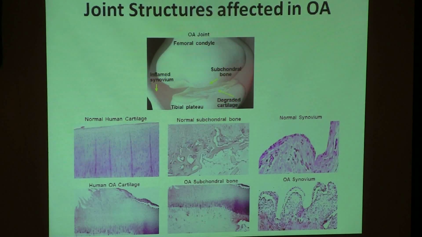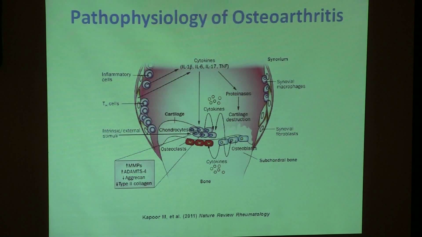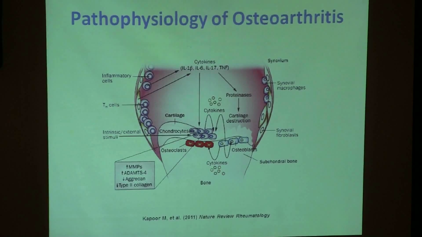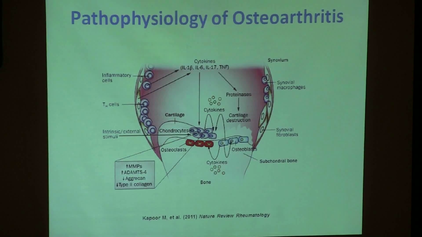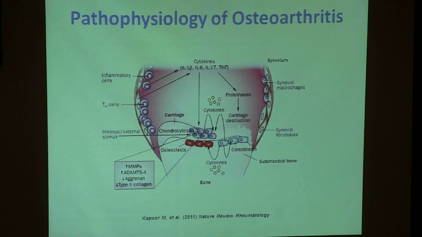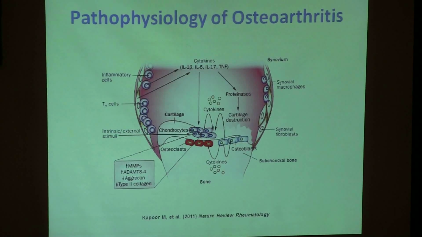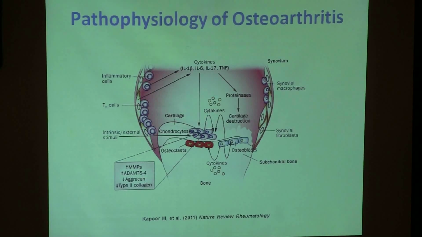Now, of course, we all know the typical joint structures which are affected comprise the articular cartilage, the subchondral bone and the synovium. Apart from these, you also have the fat pad and other surrounding joint structures which are also affected in osteoarthritis. If you look at the pathophysiology of osteoarthritis, you have the articular cartilage, the surrounding synovial membrane, and the subchondral bone. Articular cartilage comprises only chondrocytes as the only cell type present, which can be stimulated by a wide variety of stimuli, extrinsic or intrinsic.